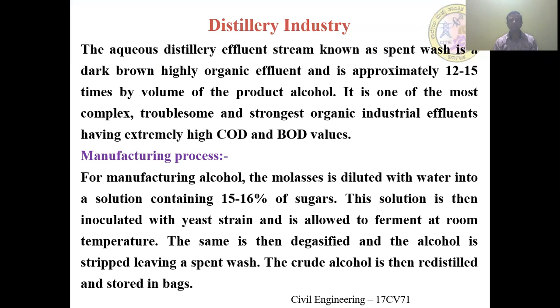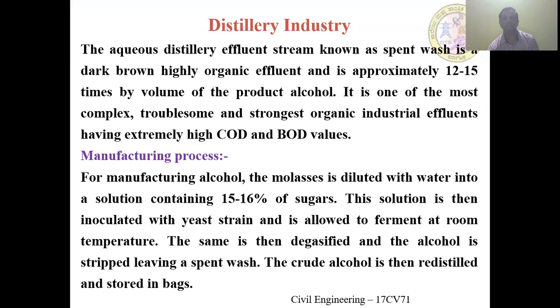The distillery industry is a part of the sugar industry. From the sugar industry, we get a byproduct, and from there we produce alcohol. An aqueous distillery effluent stream is known as spent wash.